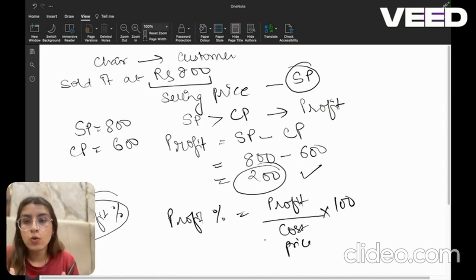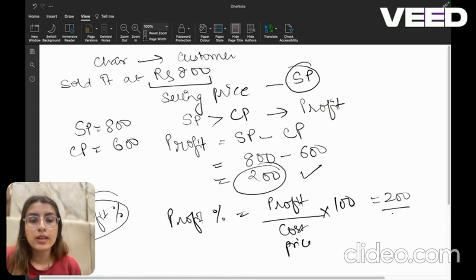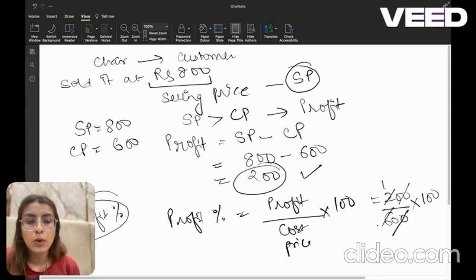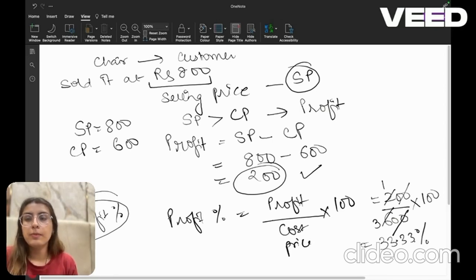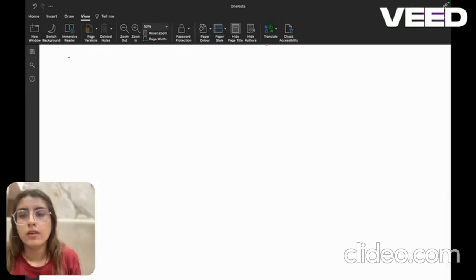Cost price will be taken as the total and we'll figure out the profit in relation to it. So we'll put the profit as 200 and the cost price as 600, and multiply by 100. Zeros will be cancelled out. 2 ones are 2, 2 threes are 6, and 100 upon 3 is 33.33%. So our profit will be 33.3%, right?